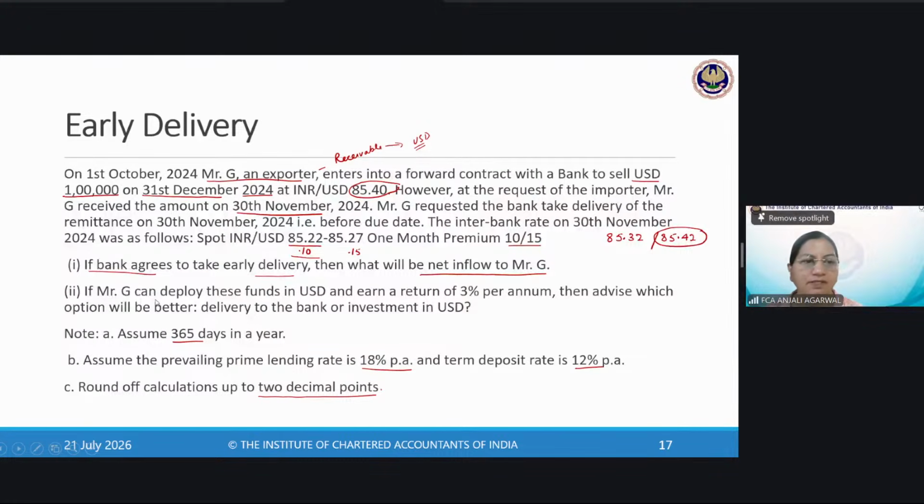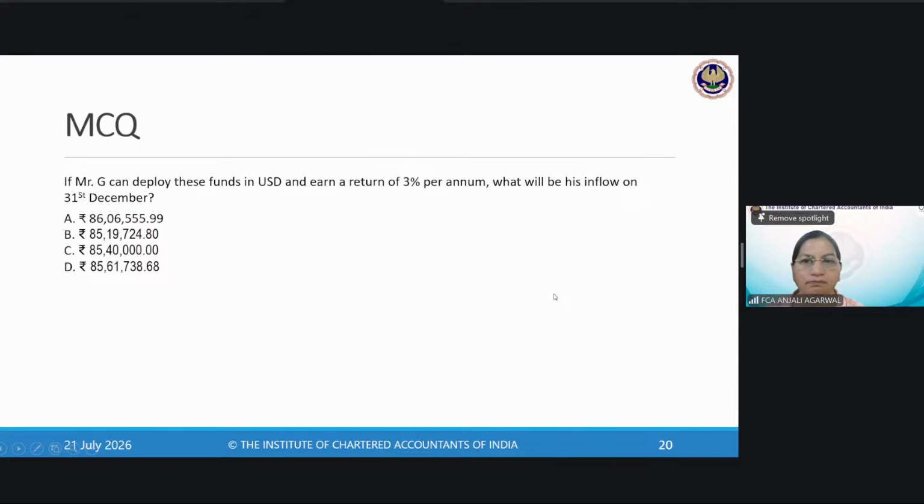Our next question is, if Mr. G could have deployed these funds in USD and earned a rate of 3% per annum, then advise which option will be better: to take the delivery to the bank or invest in USD only. So what is the alternative? The alternative is that Mr. G could not have bought the funds in India on 30th November and would have invested it in the US at 3%.